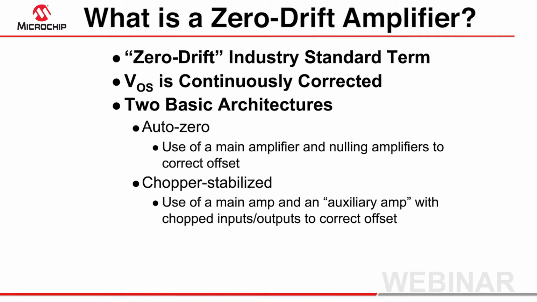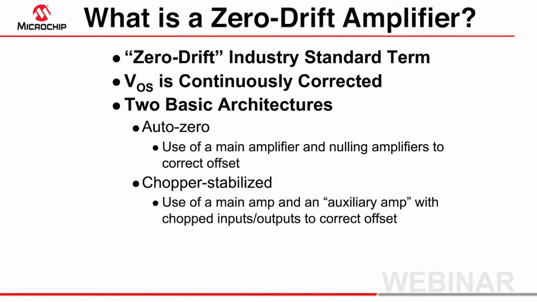Similar to precision amplifiers, the term zero drift is an industry standard term that refers to any architecture that continuously corrects the offset voltage of the amplifier. This continuous offset correction provides for ultra-high DC precision, including low offset drift, eliminates 1/f noise, provides superior common mode rejection, as well as power supply rejection.